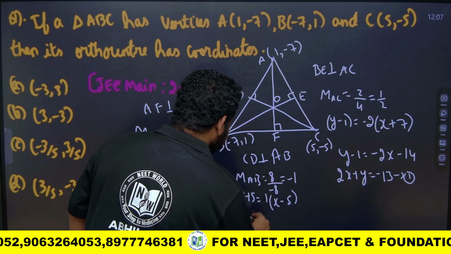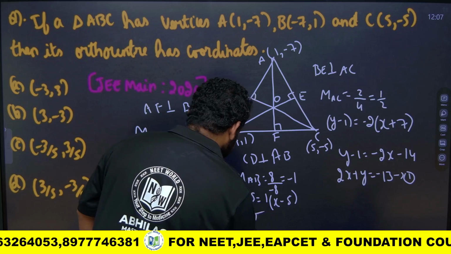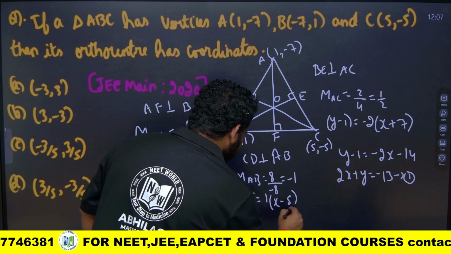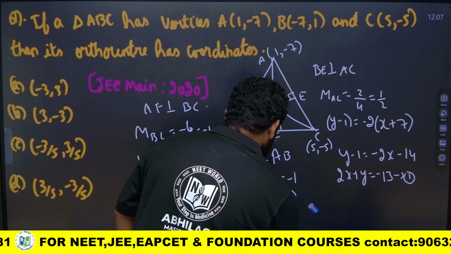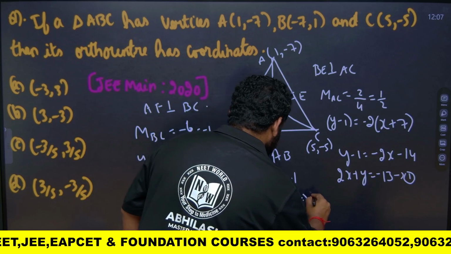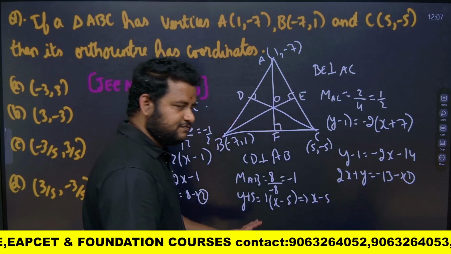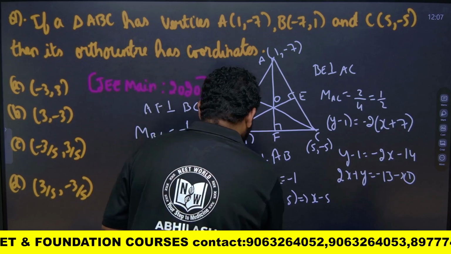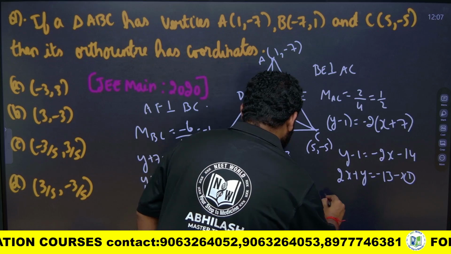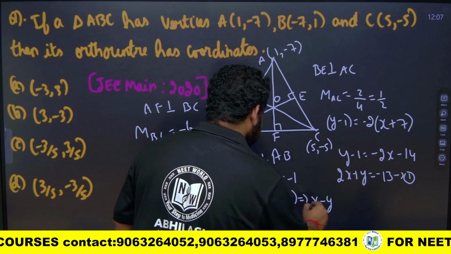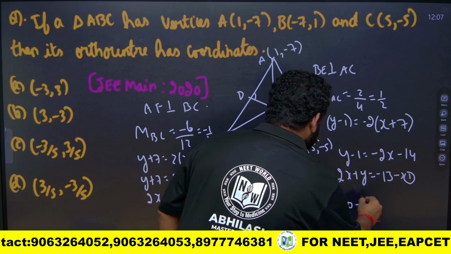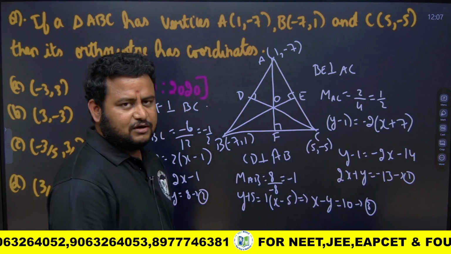So we get x minus y minus 5, so x minus y is equal to 10. Five comes that side, it will become 10. This is equation 3.